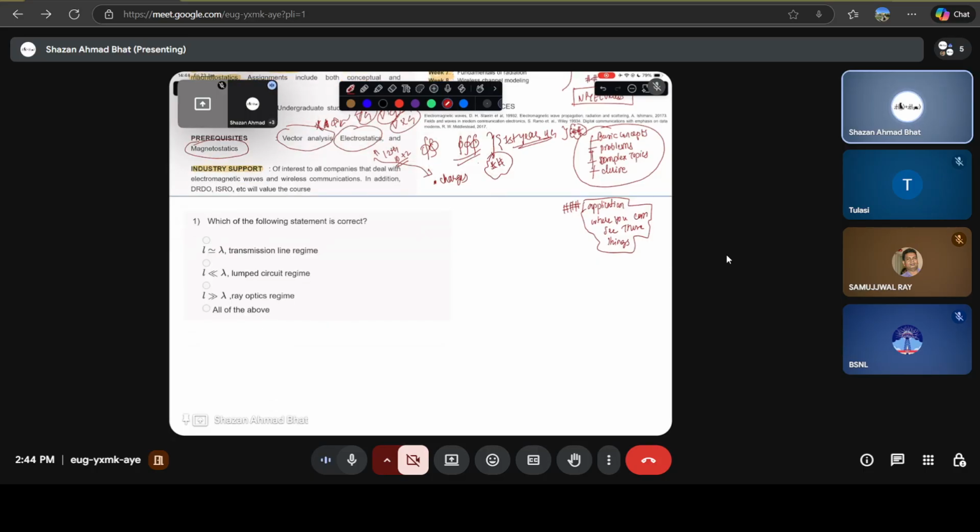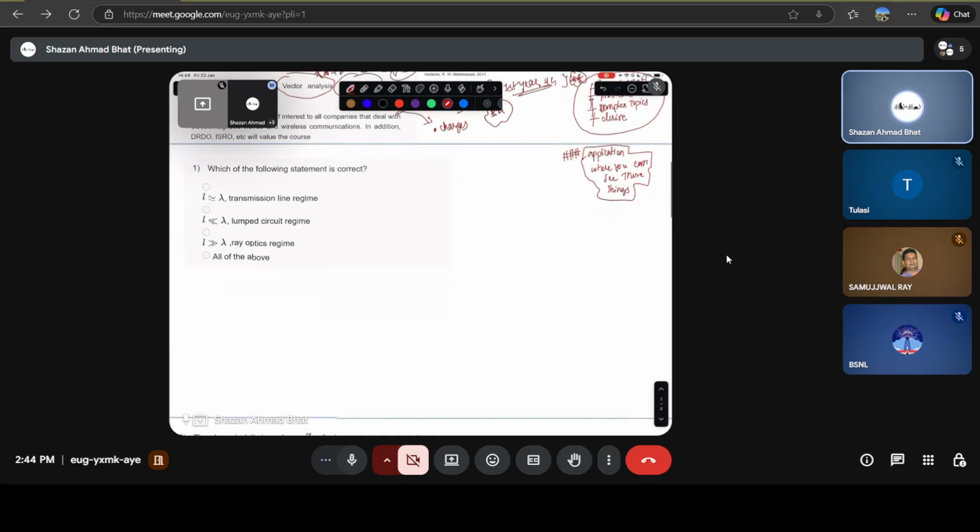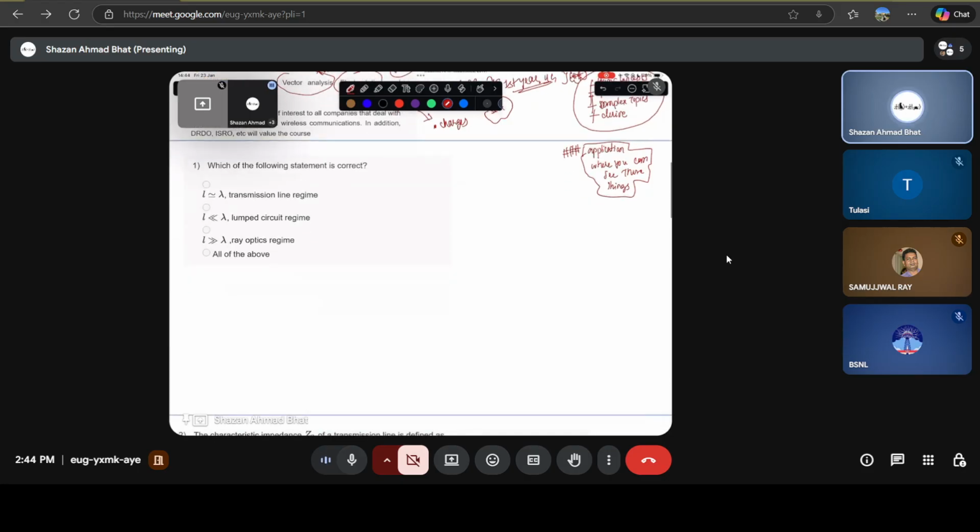What is happening in the research domain or in industries, what are people interested in solving, and where are they using these concepts? Is it really having applications, or is it just a theoretical manifestation of mathematical equations? That is what we will be talking about.